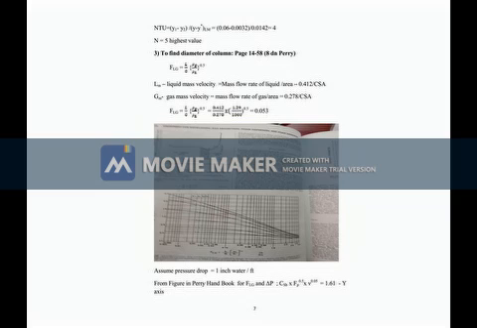One more piece of information is given: you have to remove 95% of the ammonia. 95% ammonia is to be removed. So what does that mean? Y2 will be 1 minus 0.95, that is 0.05, times Y1.